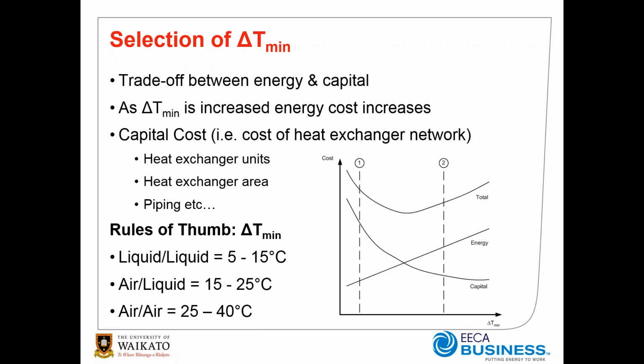In this case, you can take the time value of money of the capital, as well as look at how energy cost is likely to increase over time, and so you can adjust your prediction of the energy savings over time, and therefore work out an annualized cost for the energy and the capital, and then do a very similar graph using that same sort of plot.